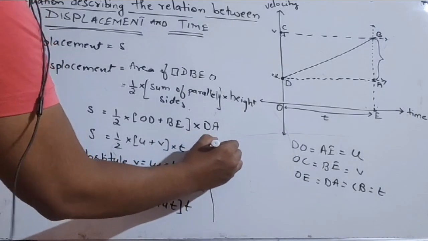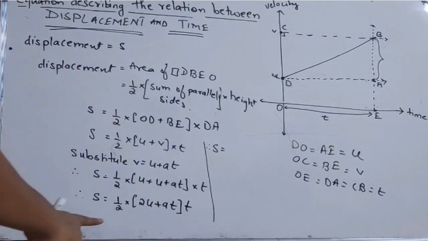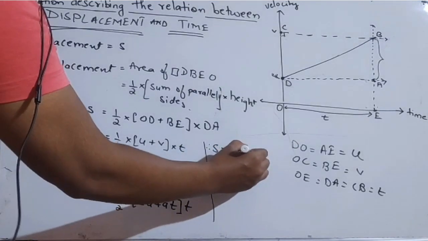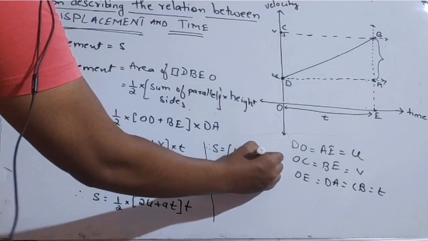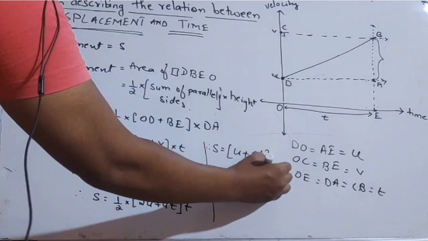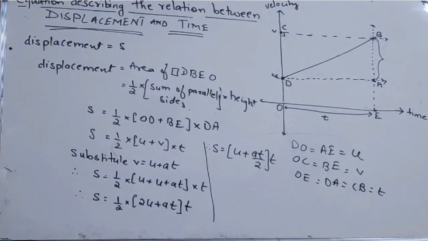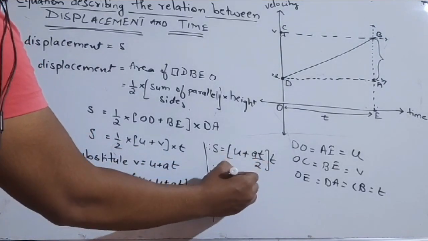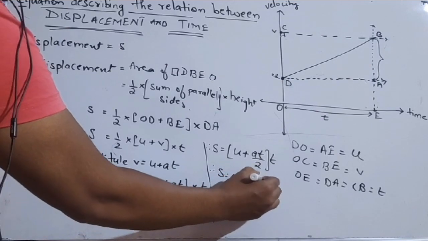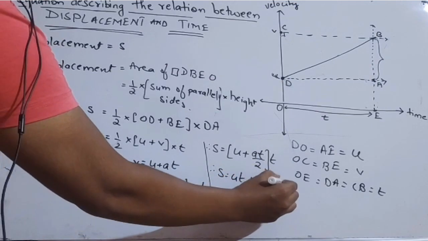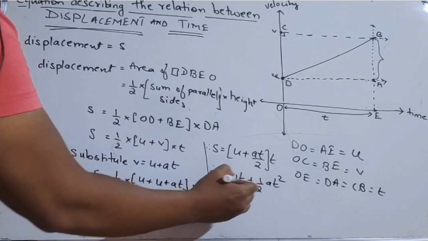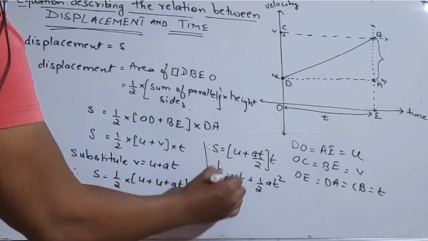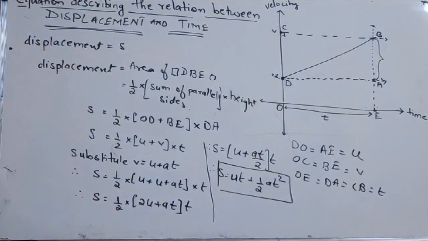So S is equal to, this half gets multiplied inside, so this becomes 2U plus AT upon 2, into T. Therefore, S is equal to, U into T is UT, plus half AT squared. So this, students, is the second equation of motion.